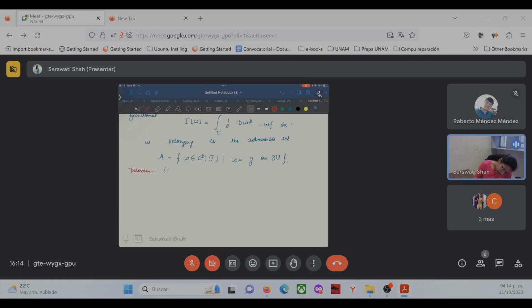This theorem is known as the Dirichlet principle. If you take a look at your syllabus, this is the topic which I am covering today: energy methods and the Dirichlet principle.